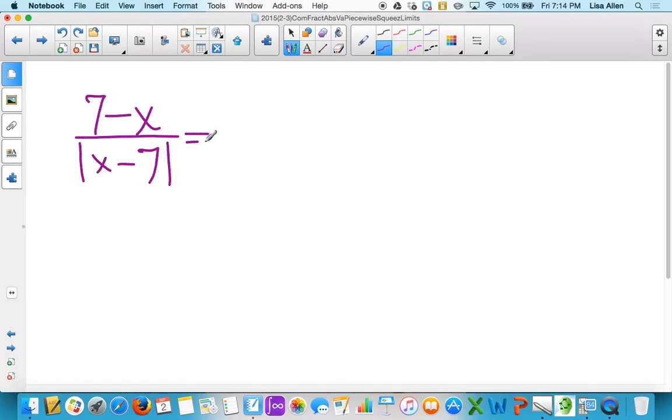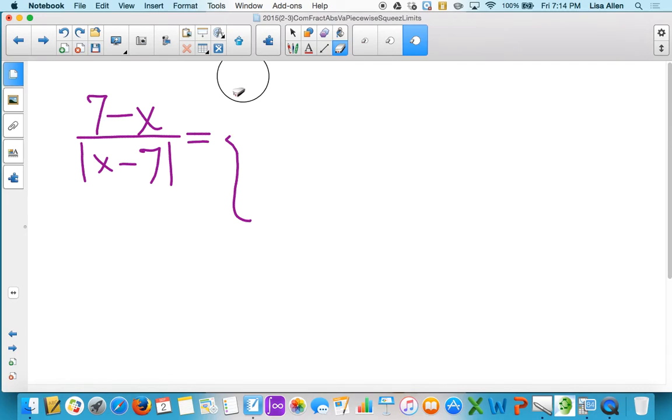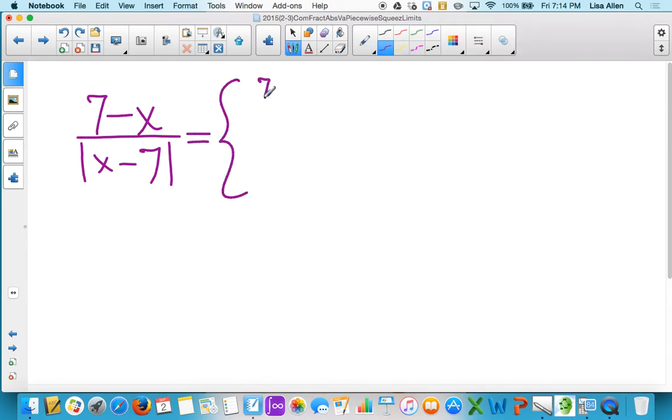So this is equal to 7 minus x over x minus 7 if x is greater than 7.